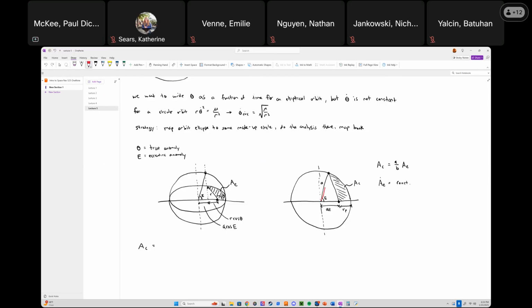AC, yeah, immediately, like this is going to get ugly, is this wedge minus this triangle. Hopefully that makes sense. So AC is the red wedge minus the blue triangle. So let's focus on the wedge first. So the wedge is just going to be, let's see here, 1/2. Do I have this right?